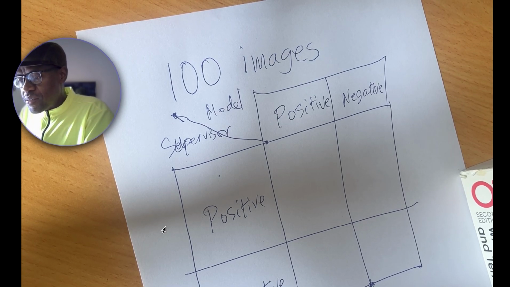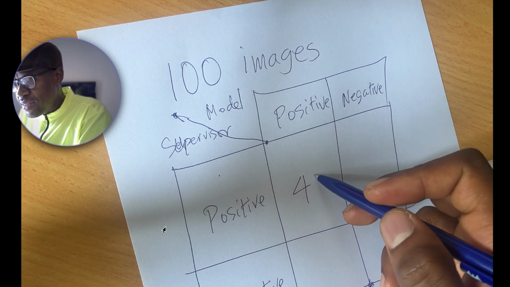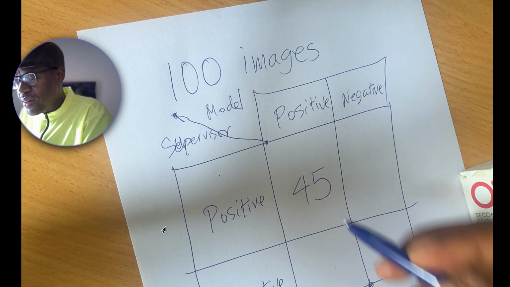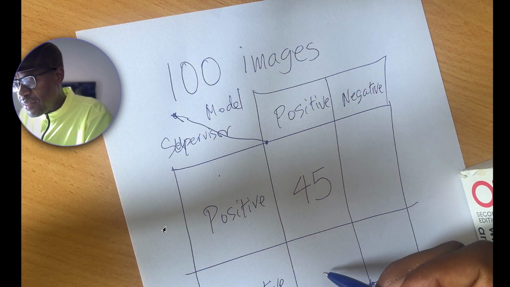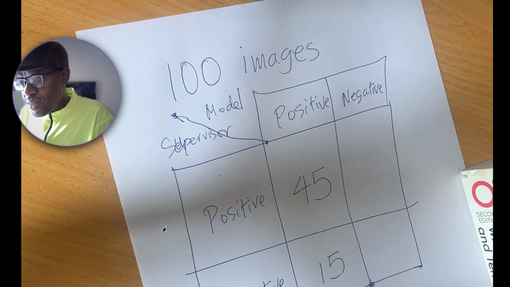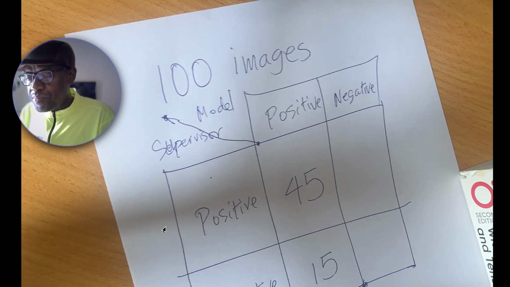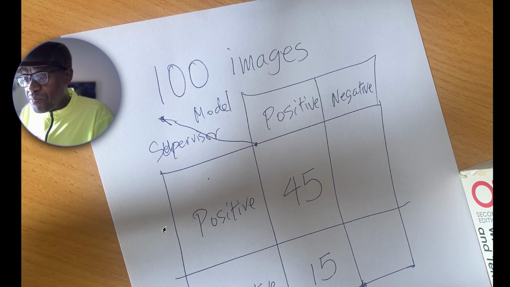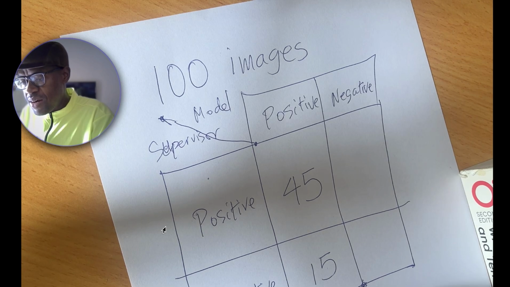Turns out that on 45 of these 60, the model is correct, and on 15 images, the model is incorrect. And according to the model, if we totalize here, we get 40.